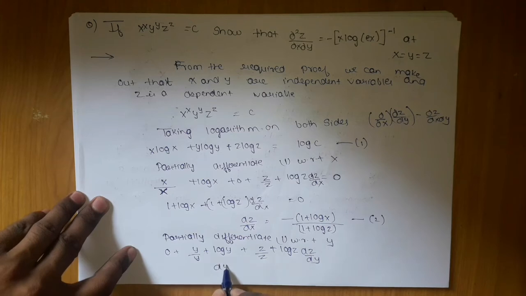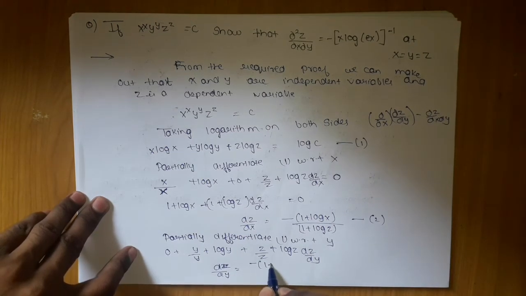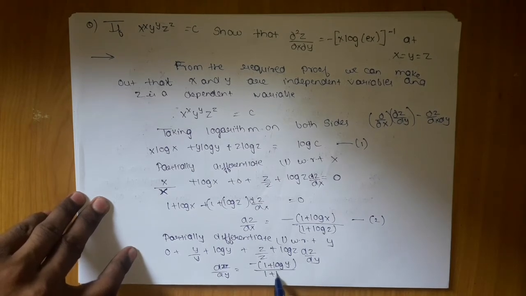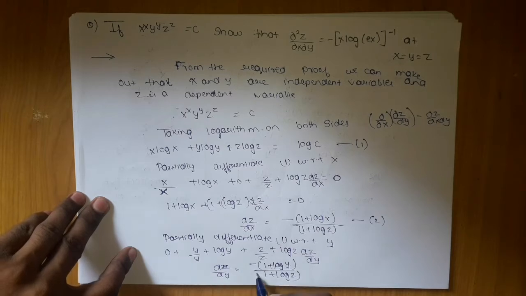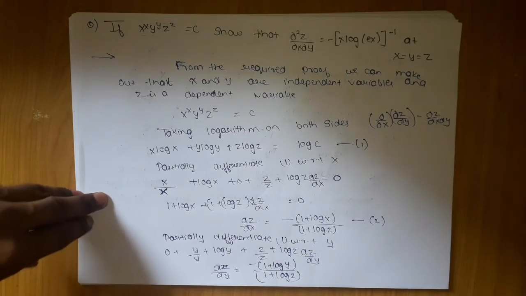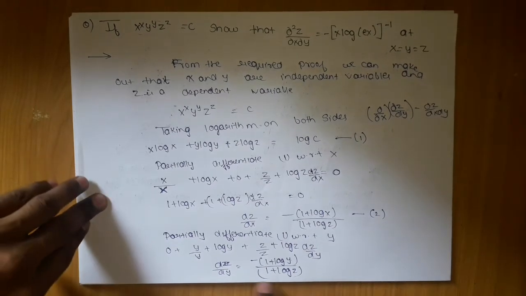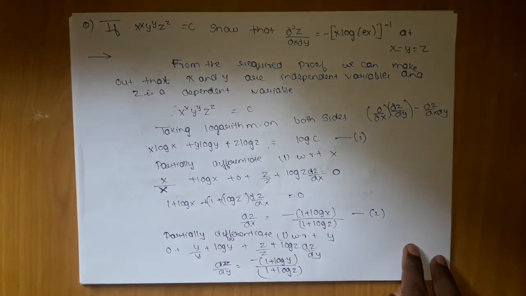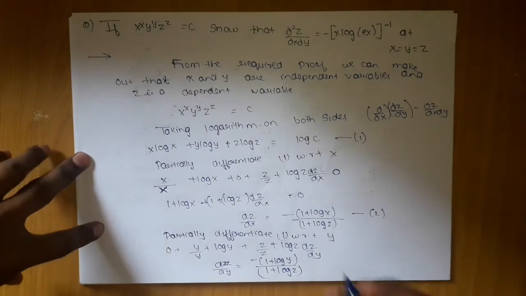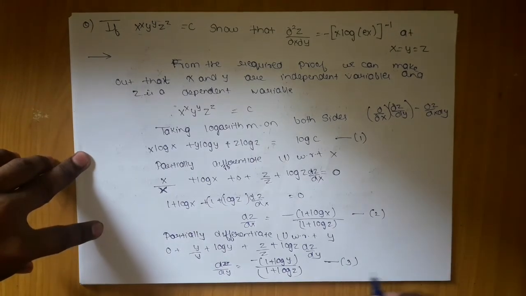So we are going to get dz by dy. You can even write similarly and directly get minus 1 plus log y the whole upon 1 plus log z. So we got these two things. Hope you have understood what we are getting. We will call it 3.